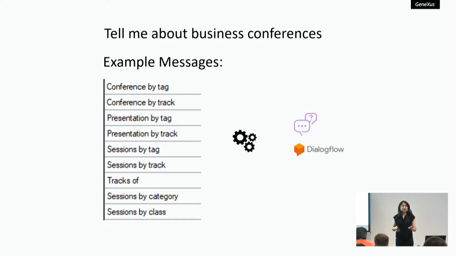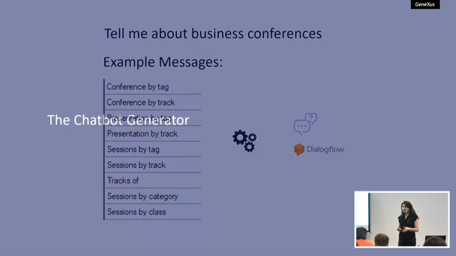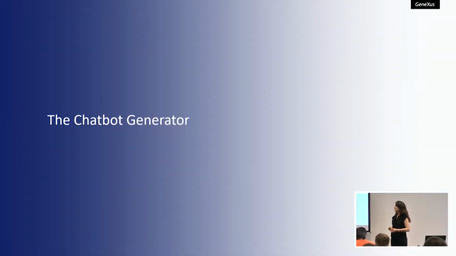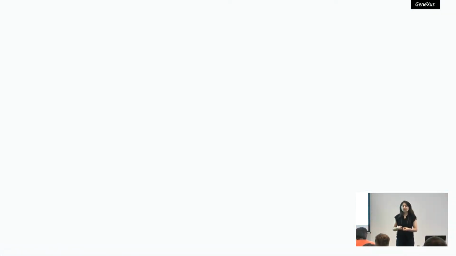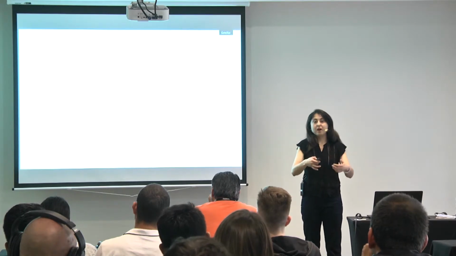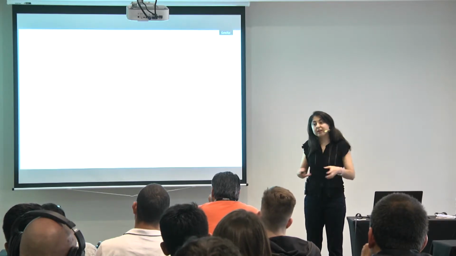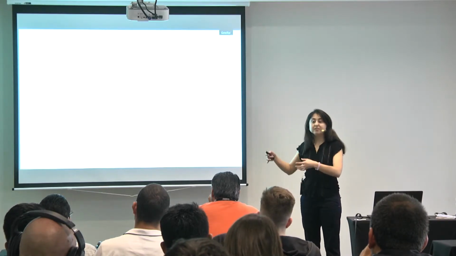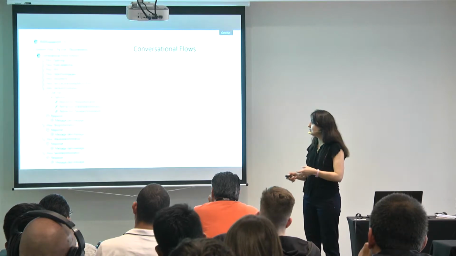So these are basically the concepts I wanted to explain before telling you what we have in GeneXus. What we have is the chatbot generator. It is a solution that will allow us to go from the chatbot model, a conceptual model, to a model in GeneXus in such a way that we have in the NLP provider the dialogue with its intents and entities.